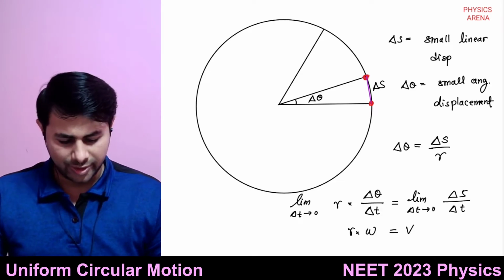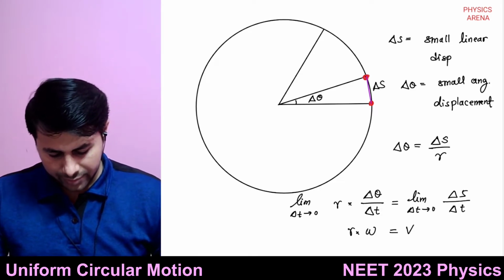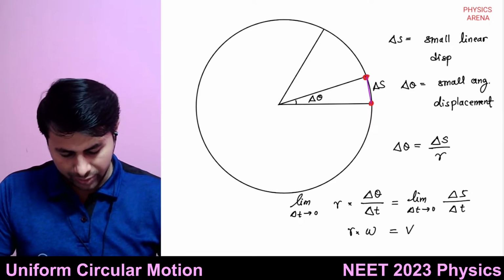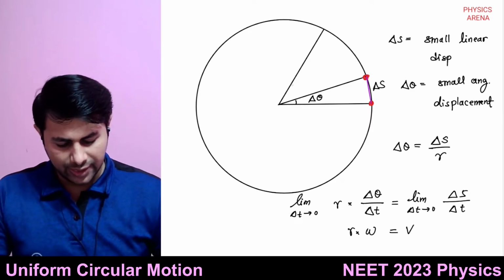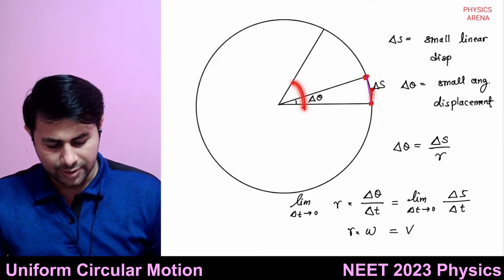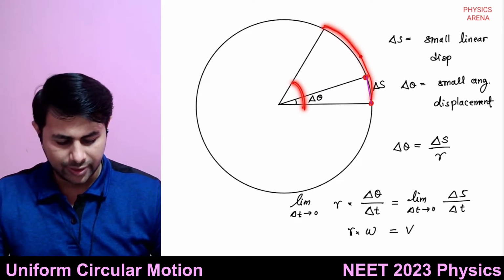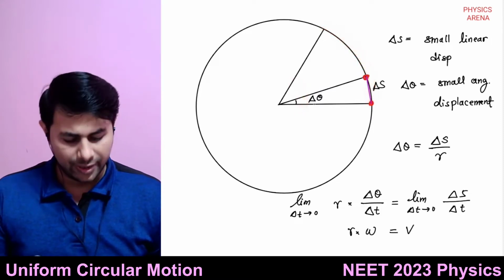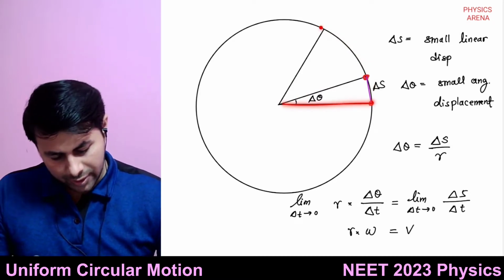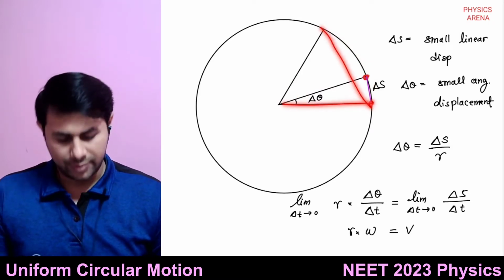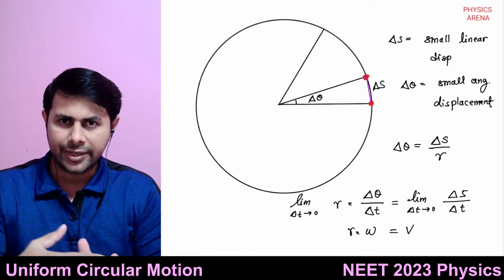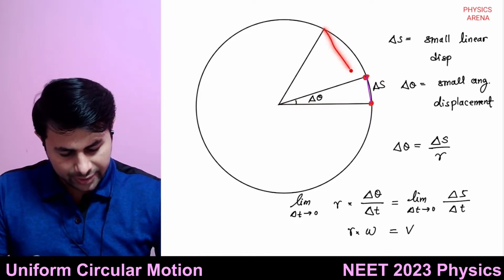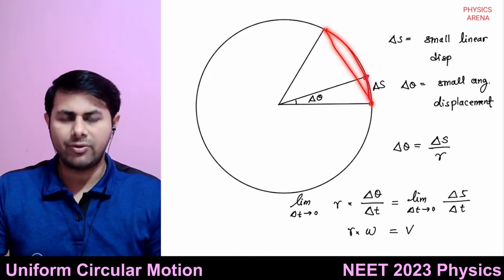Actually, it will not be. See, I want to find the average velocity. This angle is the distance covered, this arc distance divided by the radius, not the straight line distance. Now, when the angle gets bigger, the straight line distance and this distance will be different.